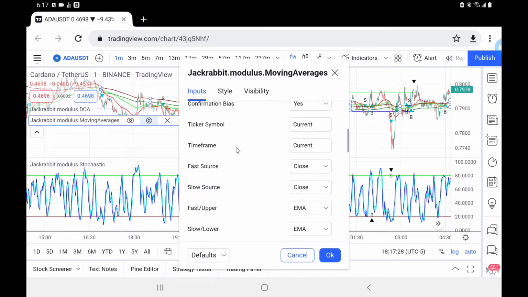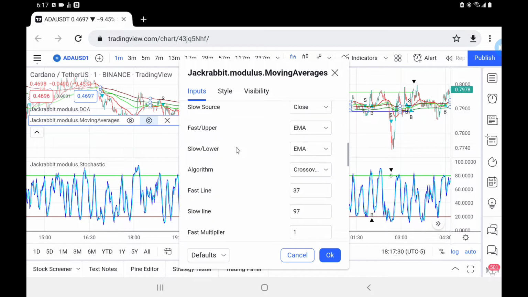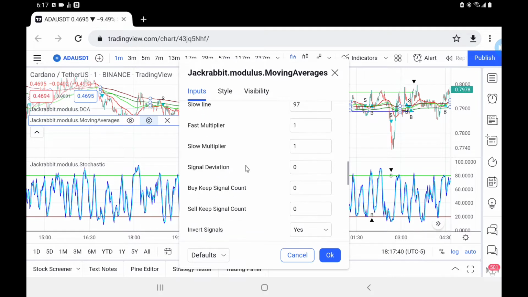Let's start with the crossover. As you can see, very simple: 37, 97, prime numbers. Now we want this inverted, which means we only want to look at certain critical conditions, so when the fast line moves above the slow line.